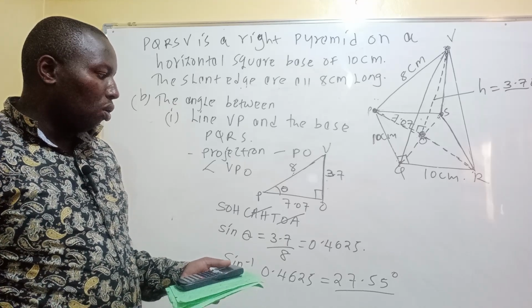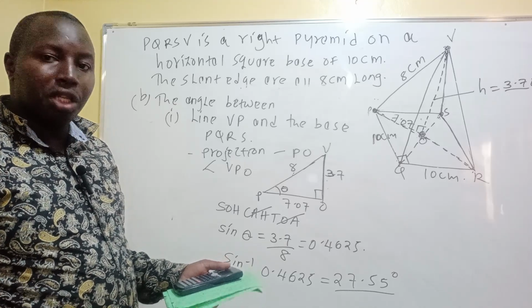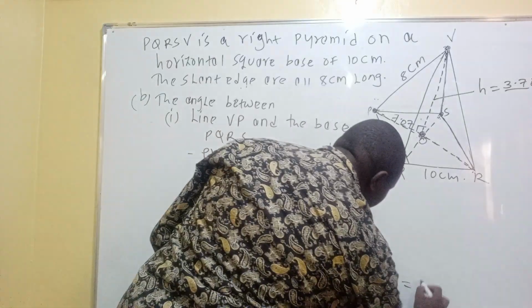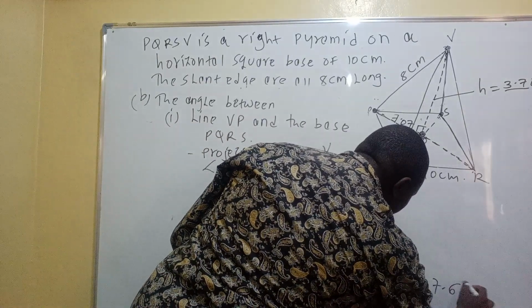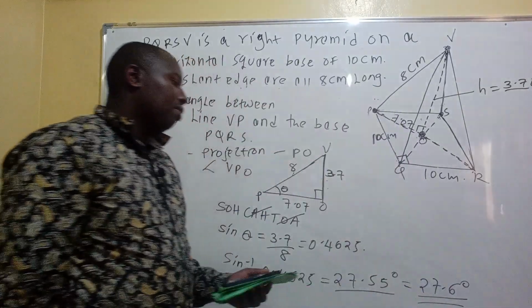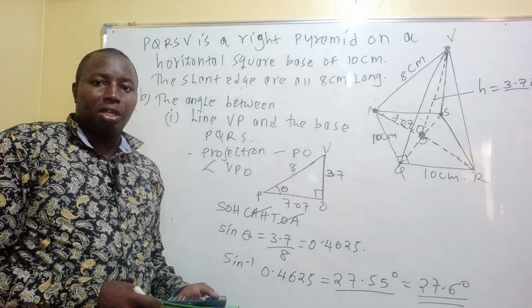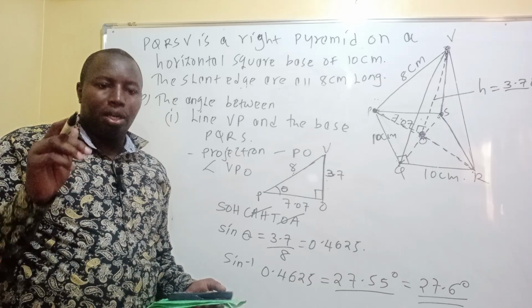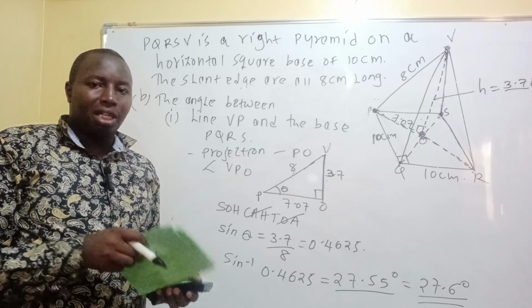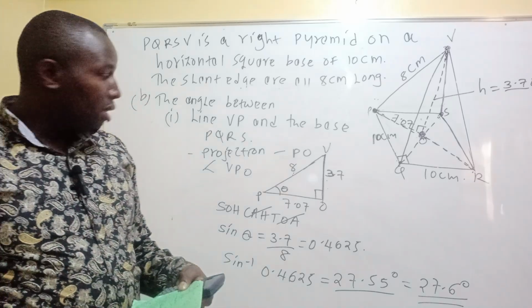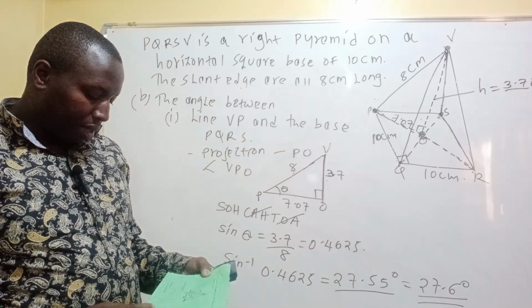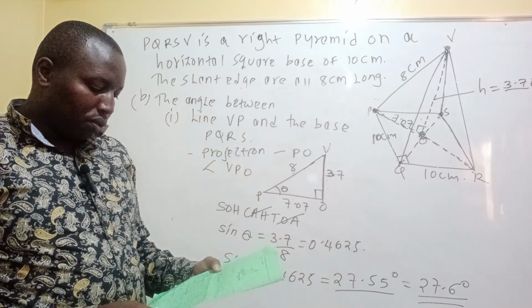So our angle we give as 27.6 degrees. So that is the required answer for that part. That is part B Roman 1.